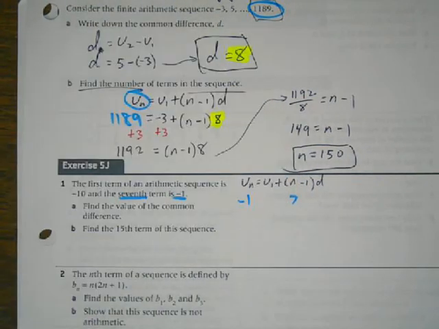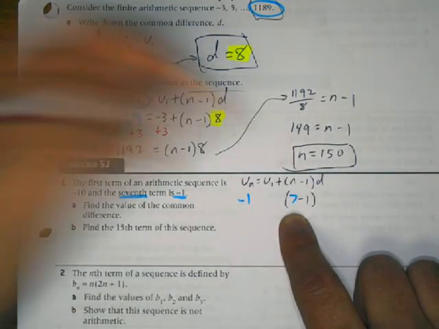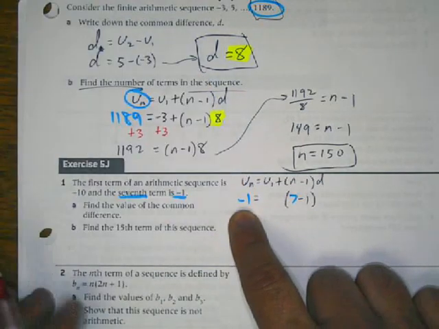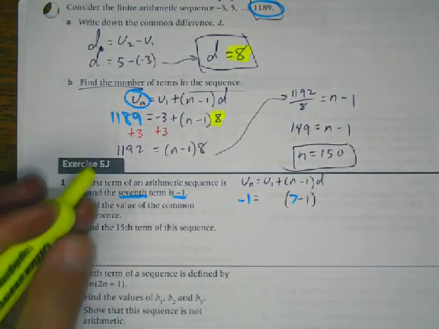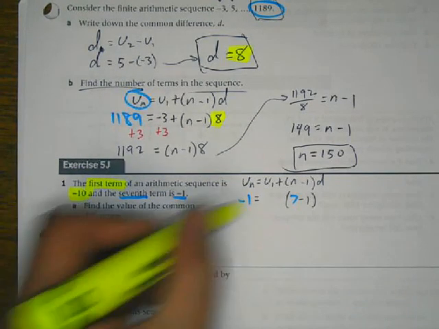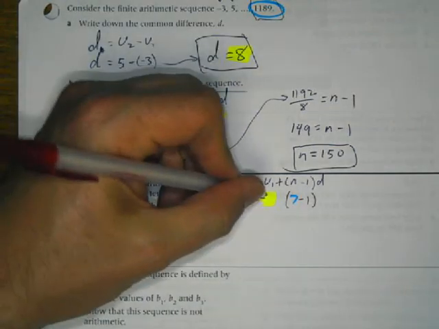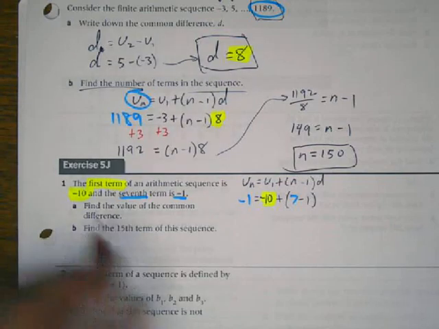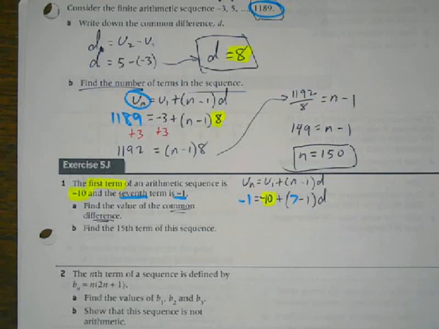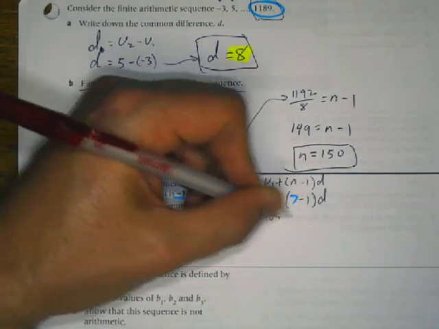So I'm going to have n is equal to 7, and that term is negative 1. And our first term is negative 10, so I'm going to put that in there. And we're trying to find the common difference. Okay, so now I've got negative 1 equals negative 10 plus 6d.